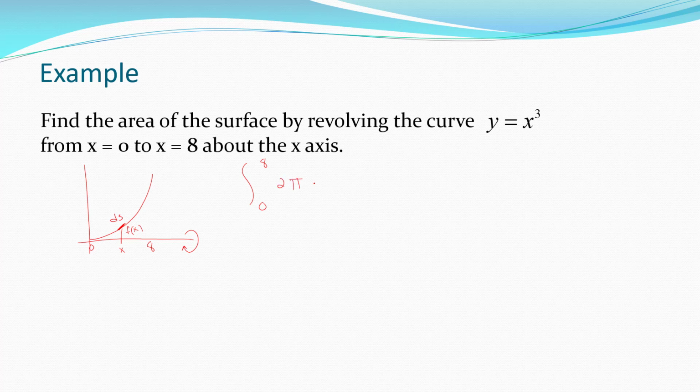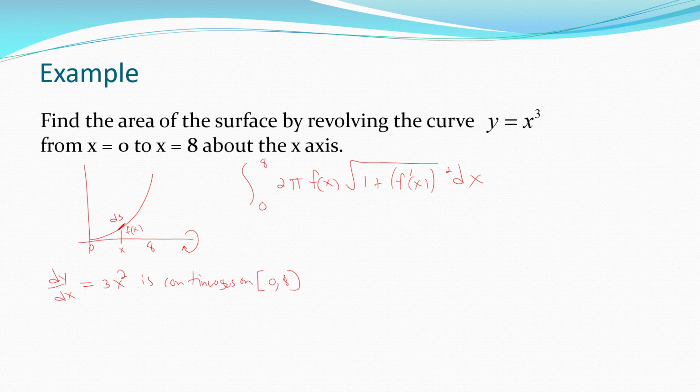So the surface area will then be the integration from 0 to 8 of 2 times pi times my radius times the square root of 1 plus the derivative squared dx. But I can only do this if the derivative is continuous. So the derivative here is 3x squared, and that certainly is continuous on the interval from 0 to 8.